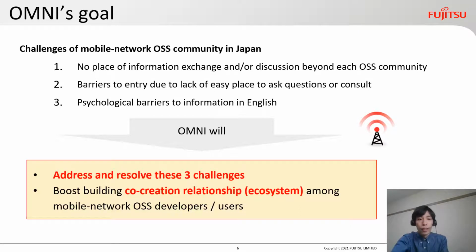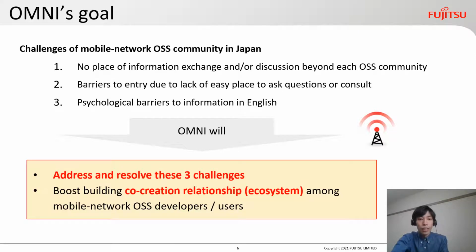And finally, this is a Japanese specific problem: Japanese engineers tend to avoid accessing non-Japanese materials or information. So in order to involve more engineers in open source software, we need to provide Japanese translation.